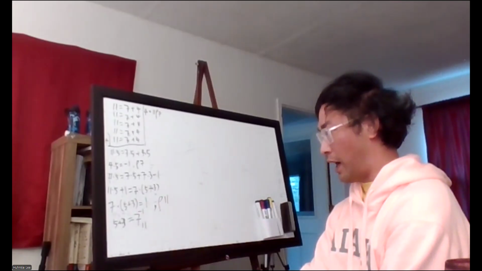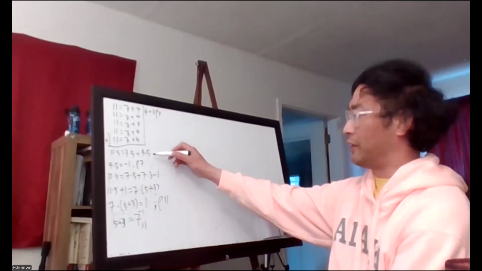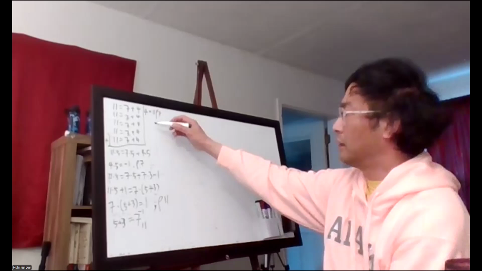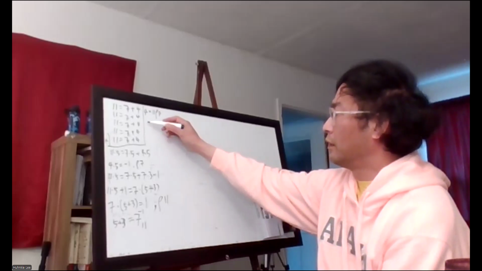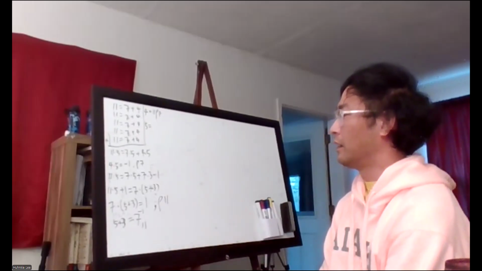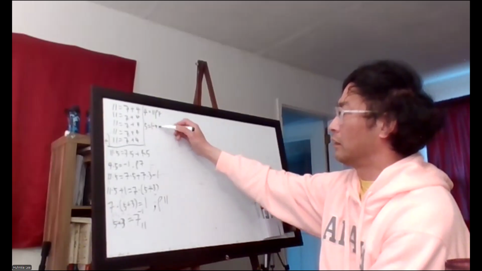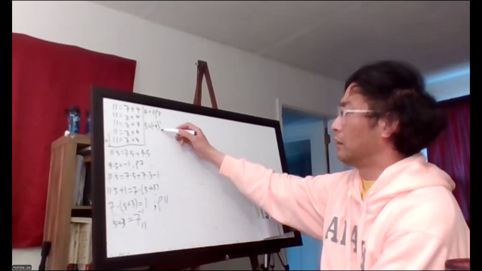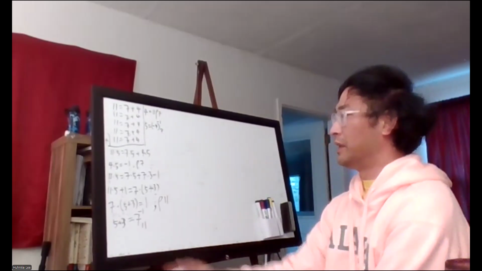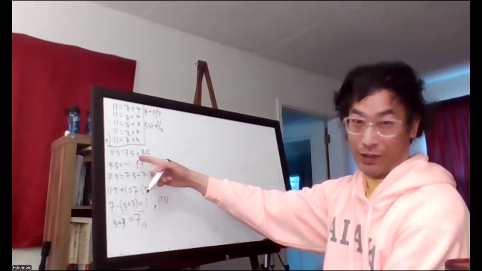So that's why we need 5 here. So what is 5 then? 5 is equal to the complementary inverse, mod 7. That means 4 times something is minus 1.